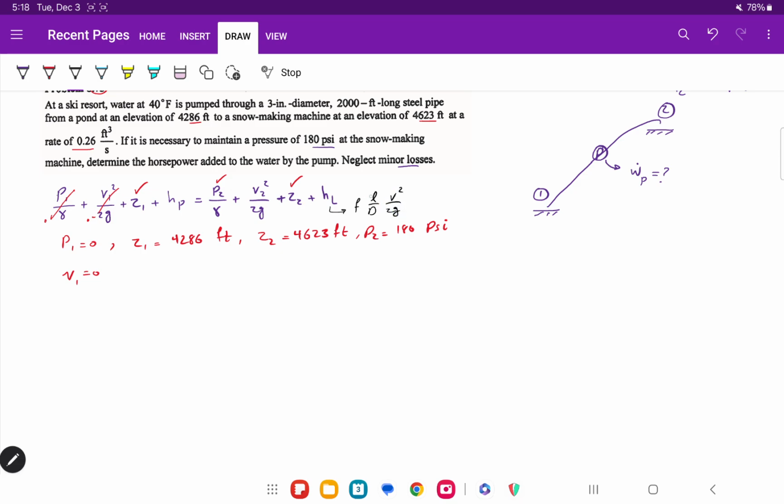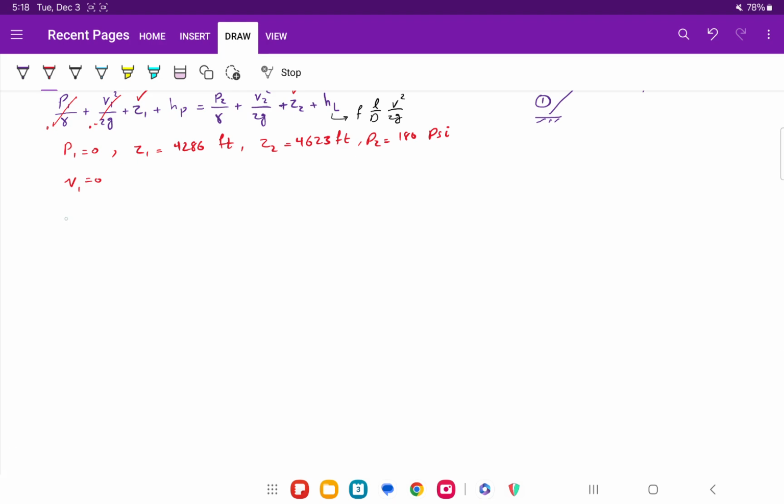We know the length, 2,000 feet, the diameter 3 inches, and we should find velocity by flow rate. So V2, which is the velocity inside the pipe, equals Q over pi over 4 times D square. We have everything: 0.26 cubic feet per second over pi over 4 times 3 over 12 feet.